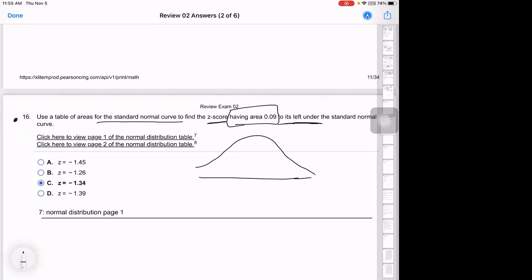You need to find the Z value for this area, 0.09. Previously, given the Z-score, we found the area. Now, given the area, find the Z-score.